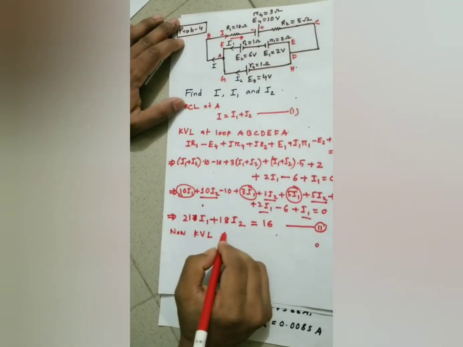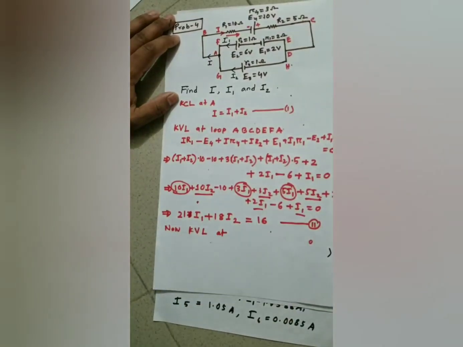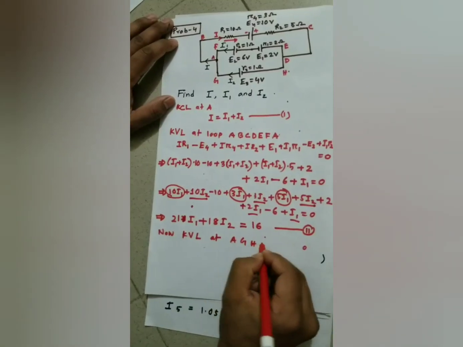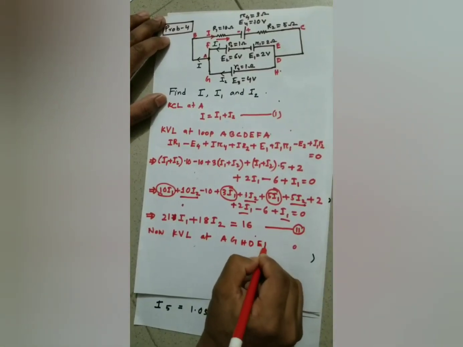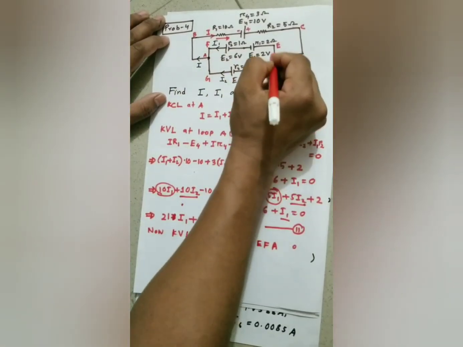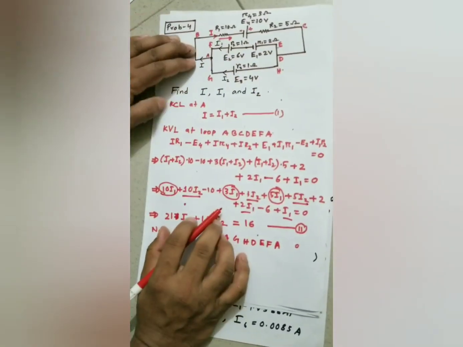Now KVL, Kirchhoff voltage law, at A, G, H, D, E, F, A, this closed loop.